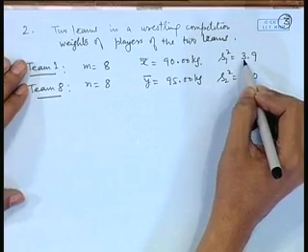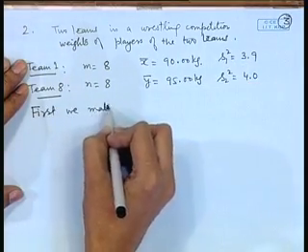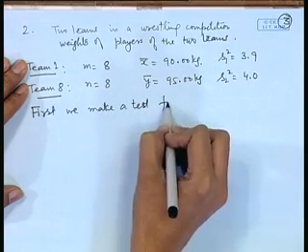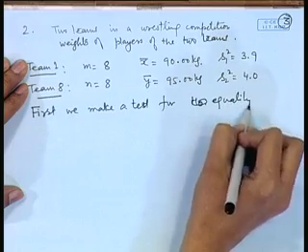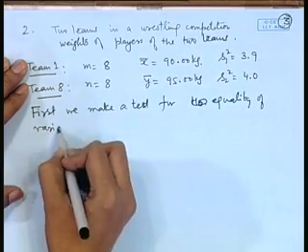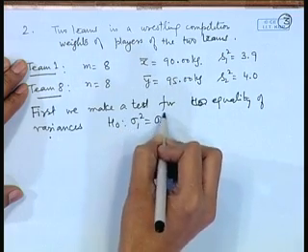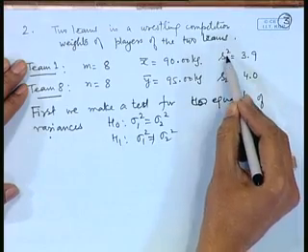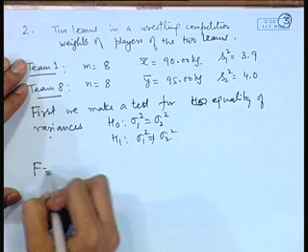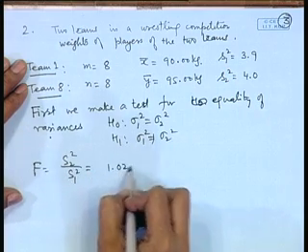So, firstly, let us first make a test for equality of variances. That means we test H naught: sigma 1 square is equal to sigma 2 square against H 1: sigma 1 square is not equal to sigma 2 square. Now, here you see that S 2 square is bigger than S 1 square. So, we make F as S 2 square by S 1 square, which is equal to 1.026.